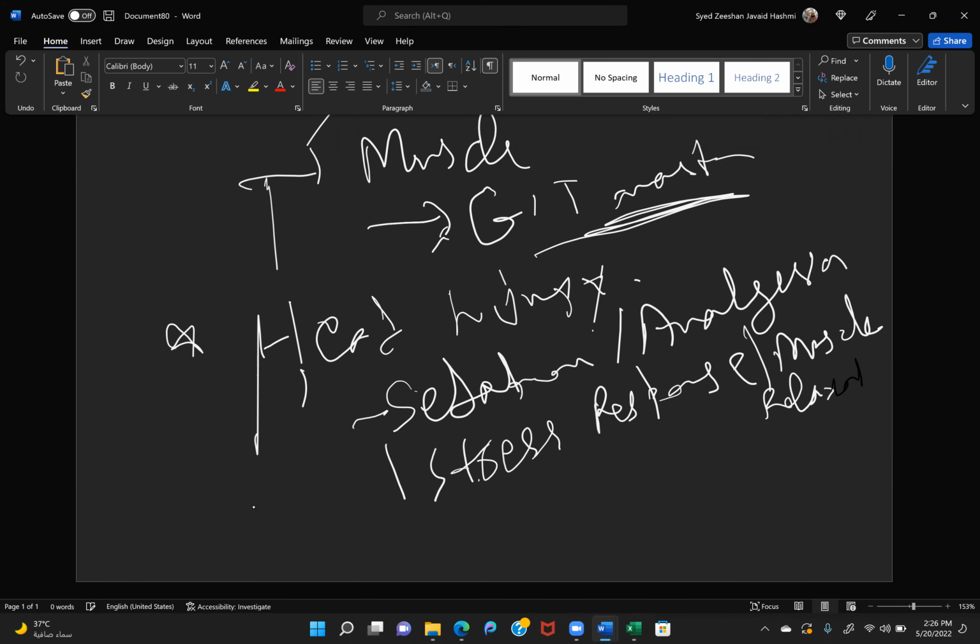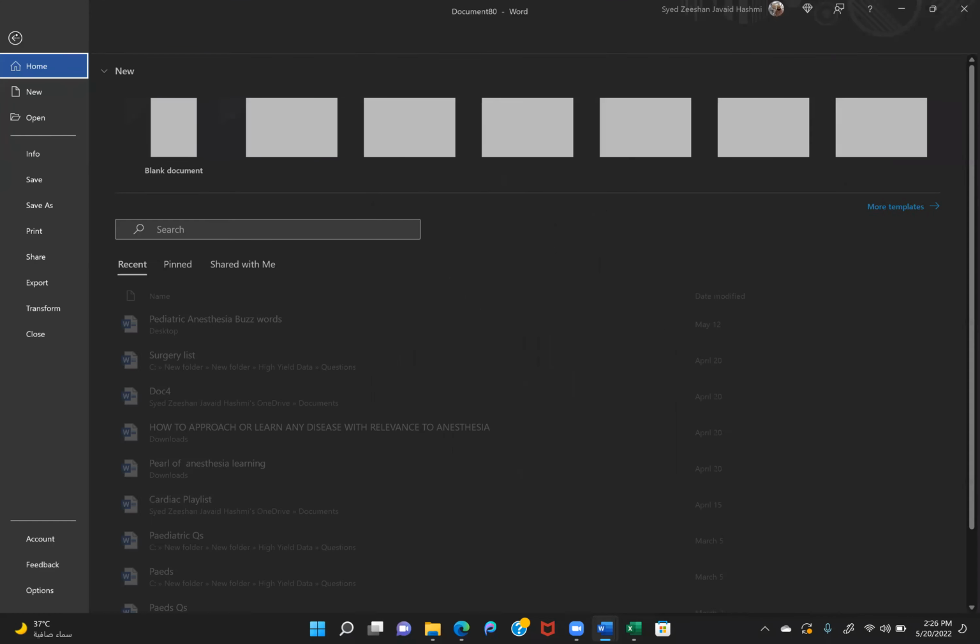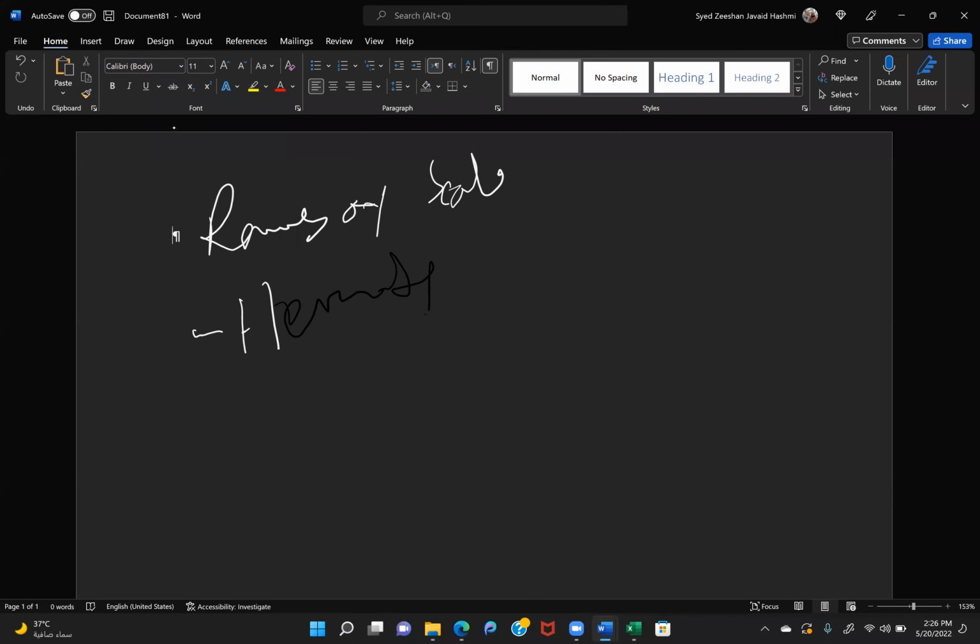So just keep these things in your mind, and according to the Ramsay scale. Okay. According to the hemodynamic response. Okay. And according to the patient condition, you will be titrating it.